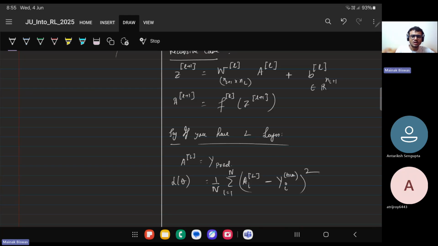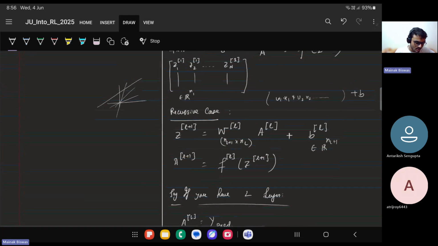This is how you define a loss function, or any loss function, of AL comma Y. It can be softmax, binary cross entropy, any loss. Depending on the problem at hand, you can define the loss function. That is not the big point.